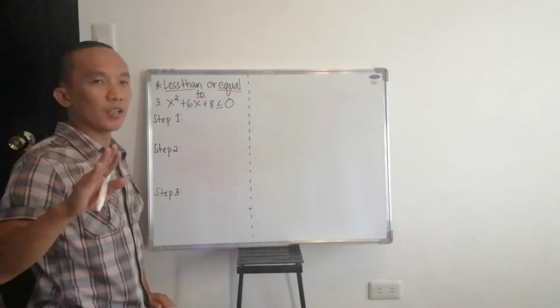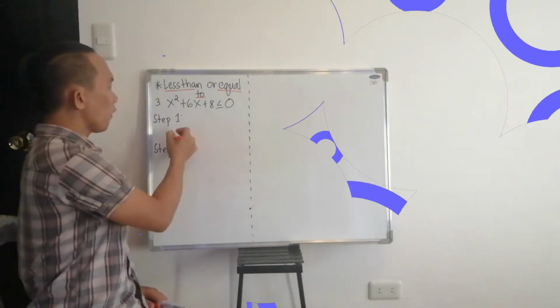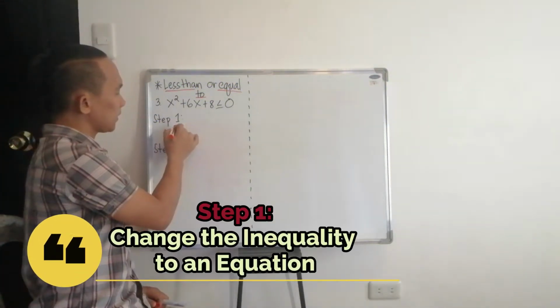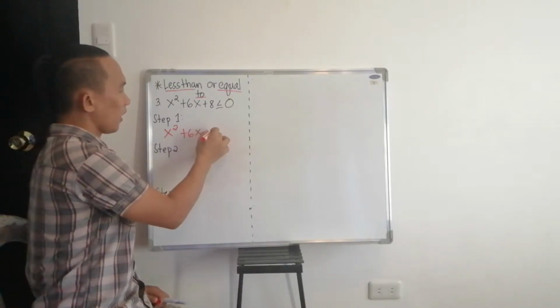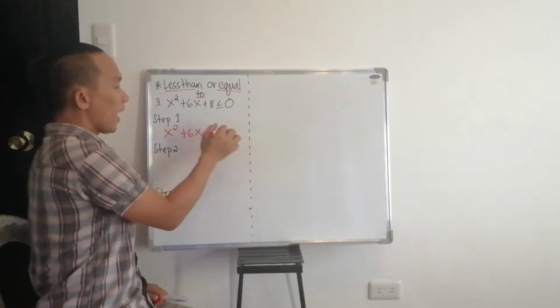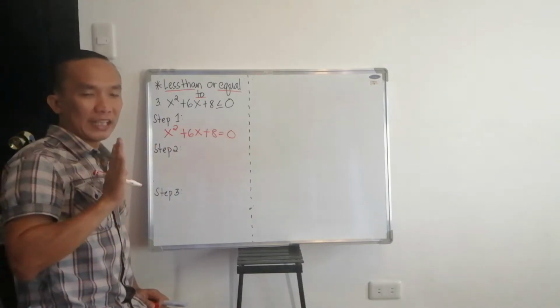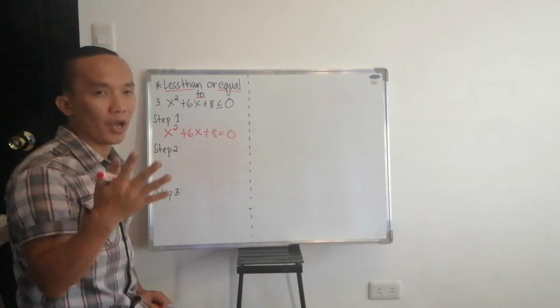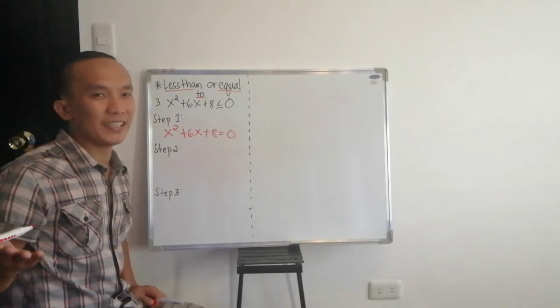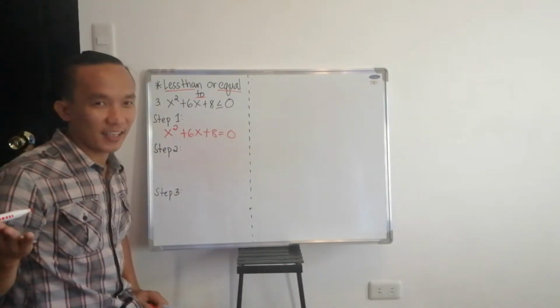Just like we did with less than and greater than, first, we are going to change this into a quadratic equation and check if it can be factored. If it can't be factored, you have the option to use completing the square or the quadratic formula.